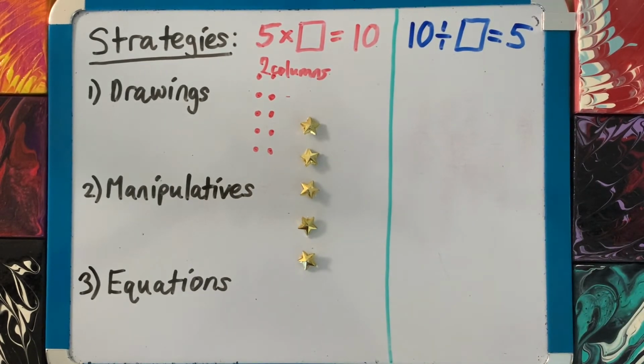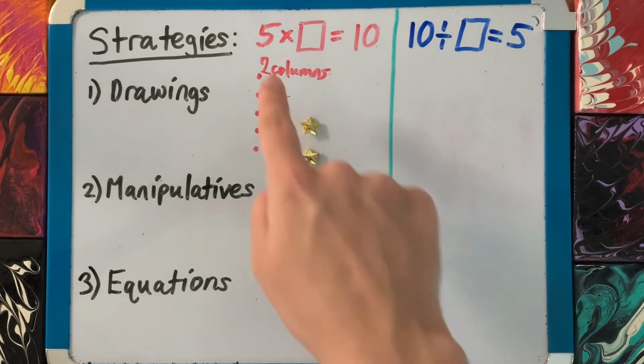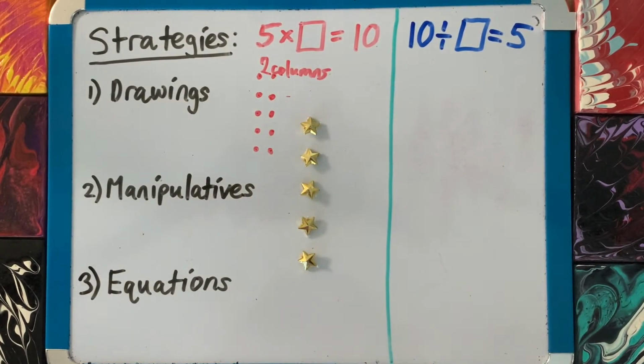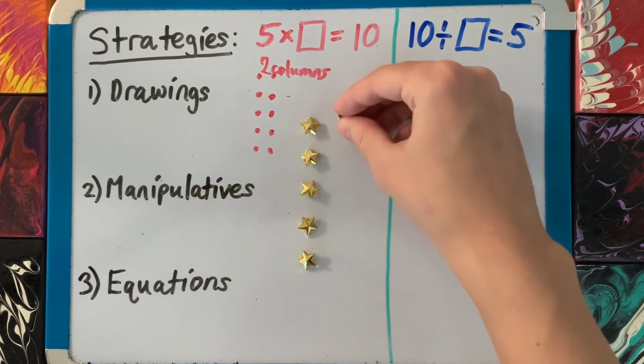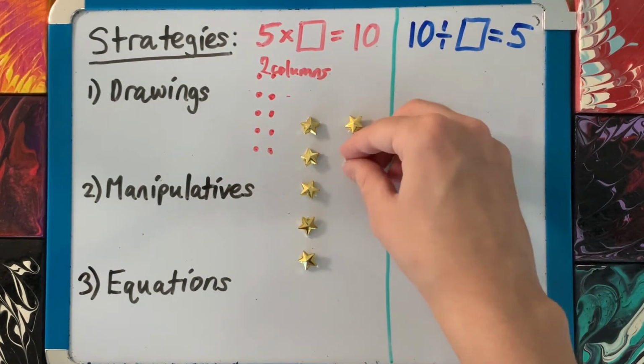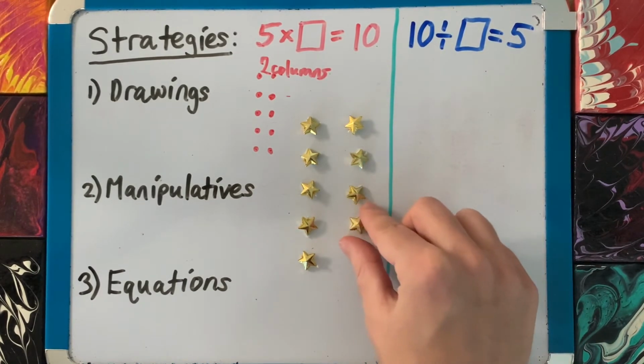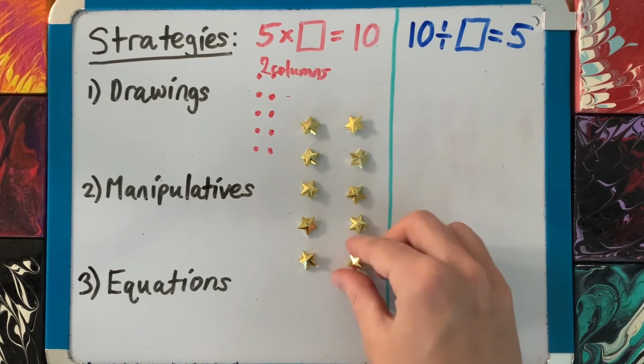And then we need a total of 10 because it's 5 times blank equals 10. So we really need a total of 10 manipulatives. So it'll go 6, 7, 8, 9, and 10.